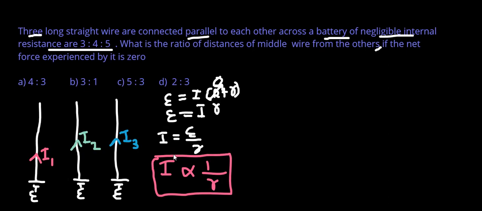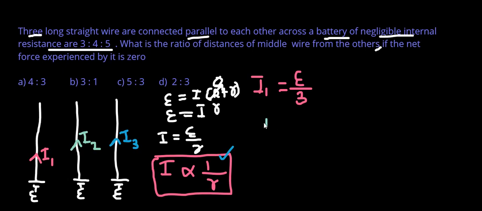We know that current is inversely proportional to the internal resistance, so by using this we substitute the values. First, I1 is equal to psi, the constant EMF, divided by the internal resistance, which is given in the ratio as 3.